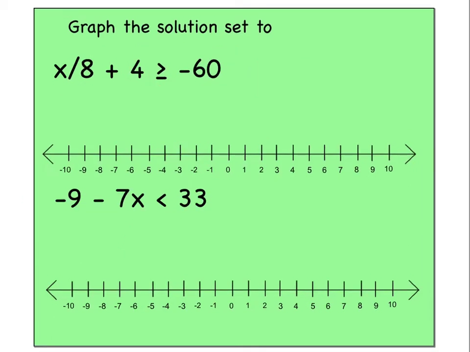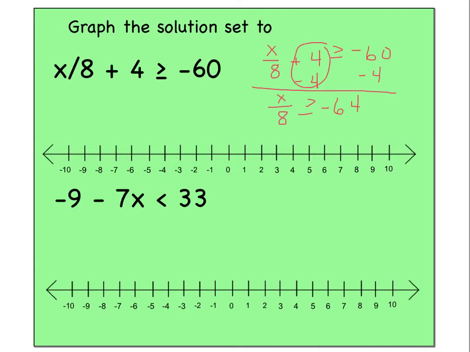X is less than 8, so we would shade to the left. This one I'm going to rewrite just because I don't like the way it looks. The first thing we want to get rid of would be our plus 4. So we get x divided by 8 is greater than or equal to negative 64.